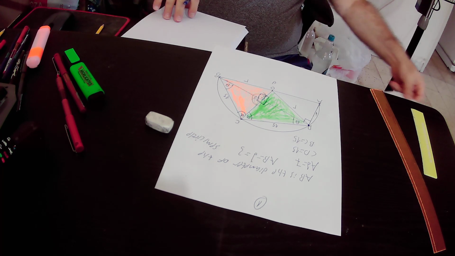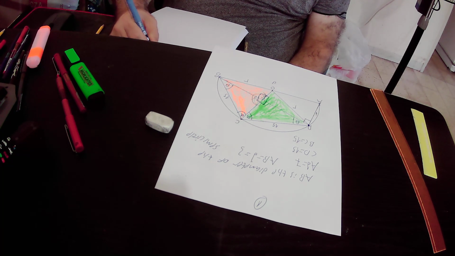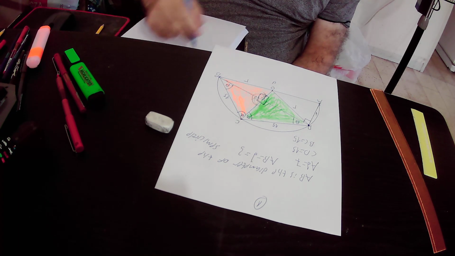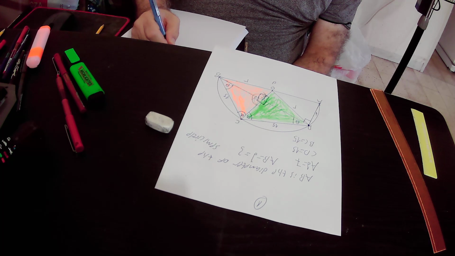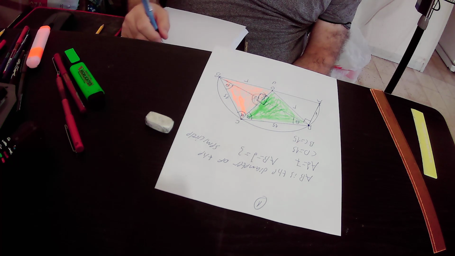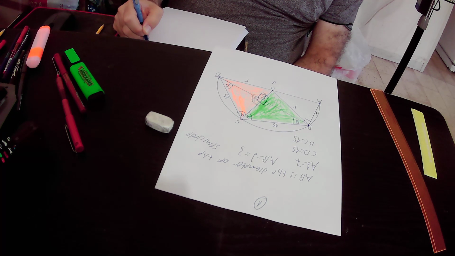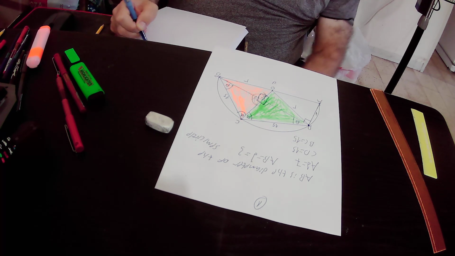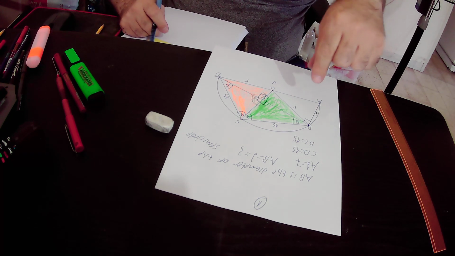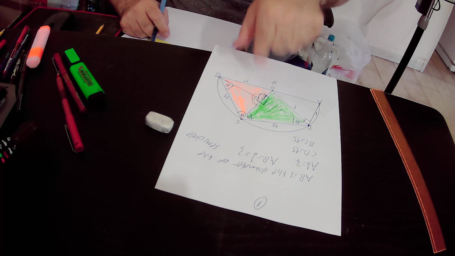So in the next step we'll focus on 2 triangles: triangle ADB, the big triangle, and the small triangle, triangle OEB.